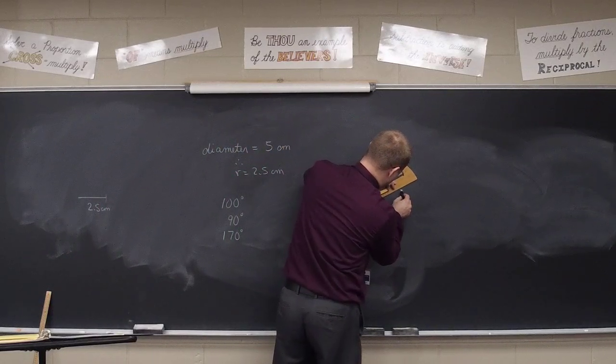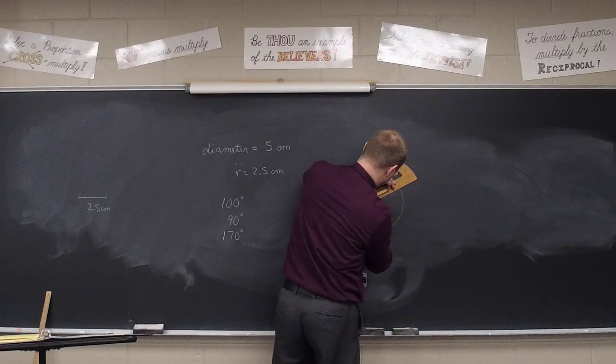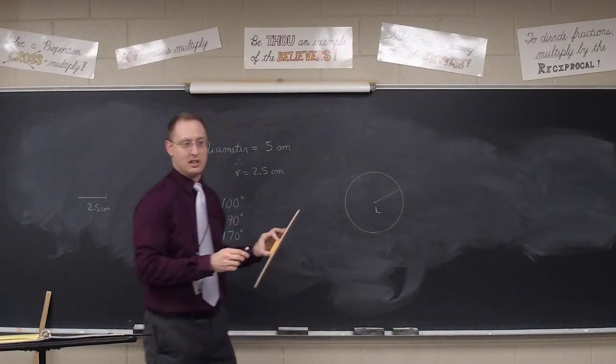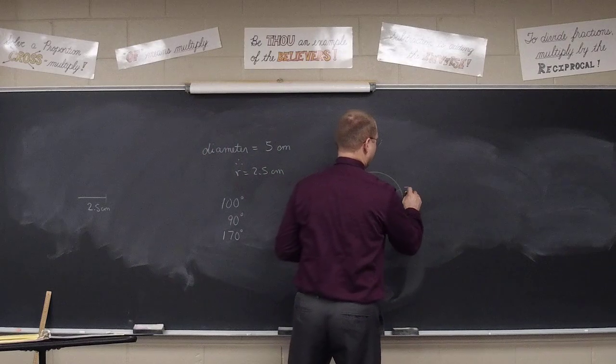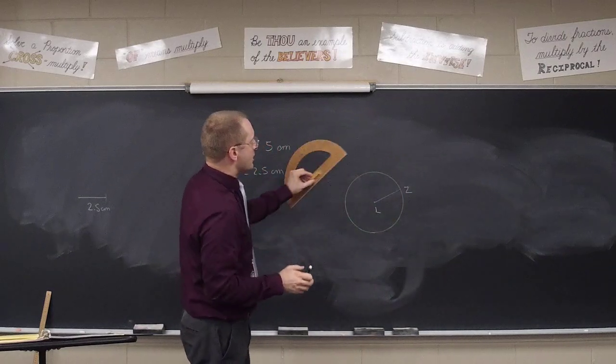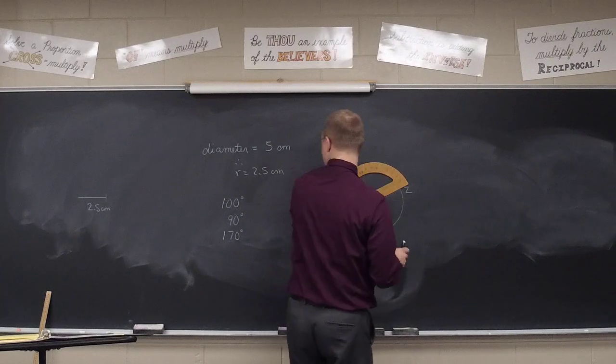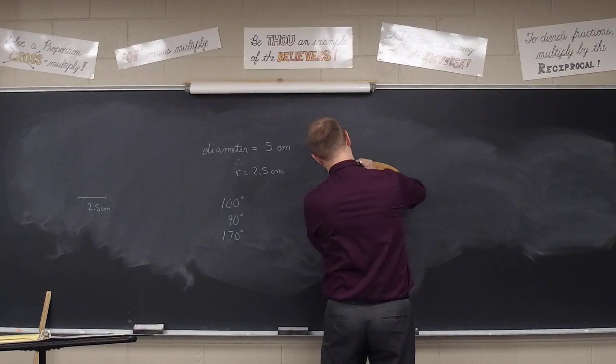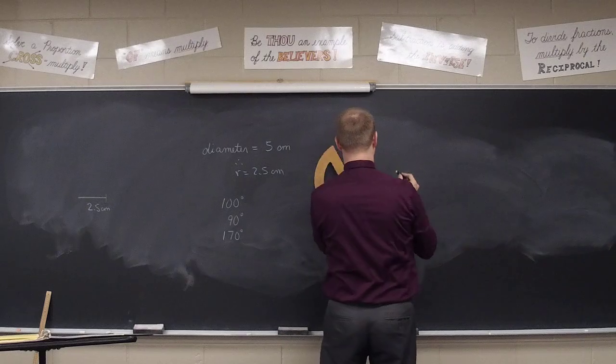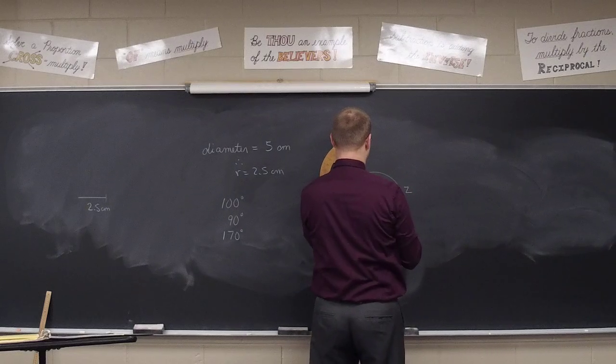What shall we name the radius? LZ. All right, we'll name it LZ. Z doesn't get used very often. Use your protractor now to measure a 100 degree angle.